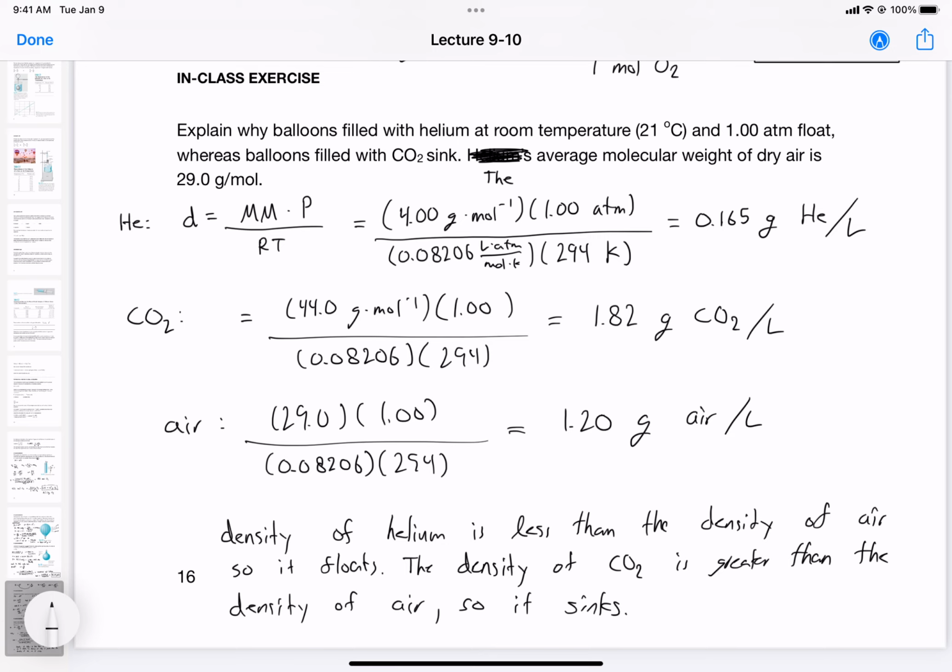That's why helium balloons float up in the air. They're less dense than air, so they're going to float. And if you had a balloon full of carbon dioxide, it actually wouldn't float. It will actually sink. In the lab, we often use gases that are not helium, and if you put a balloon in them, they won't float at all. They'll just sink.